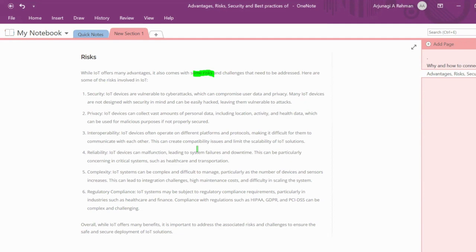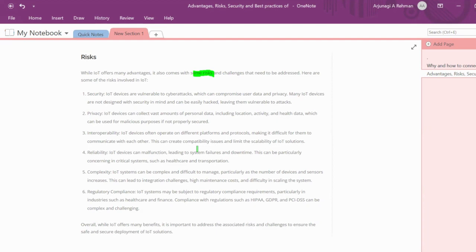So, in IoT, we do use many different protocols. We will learn about them in the near future.